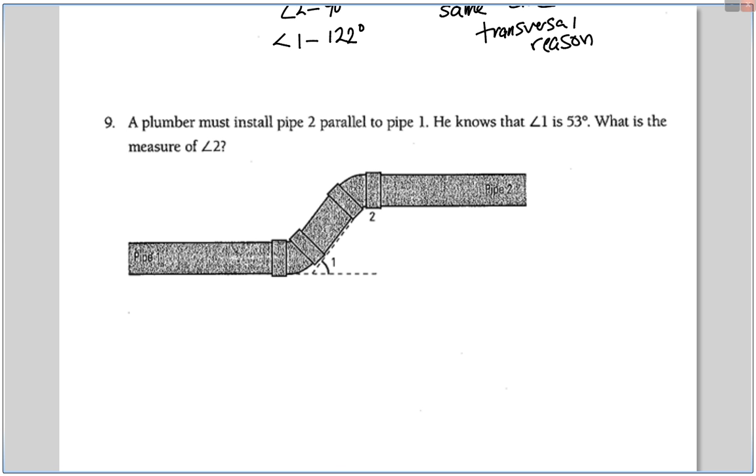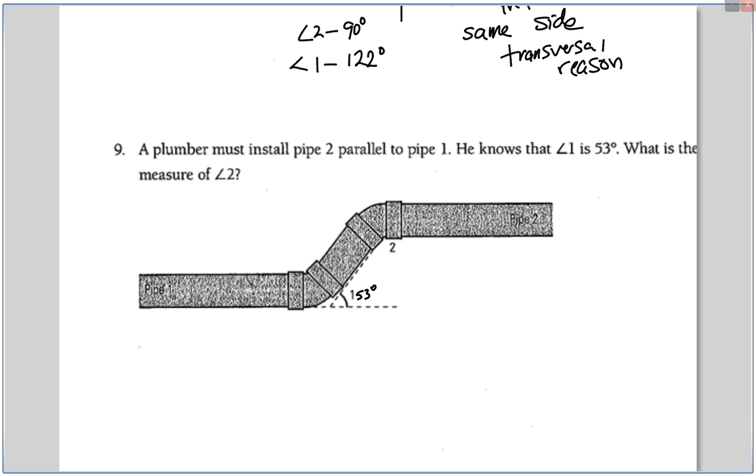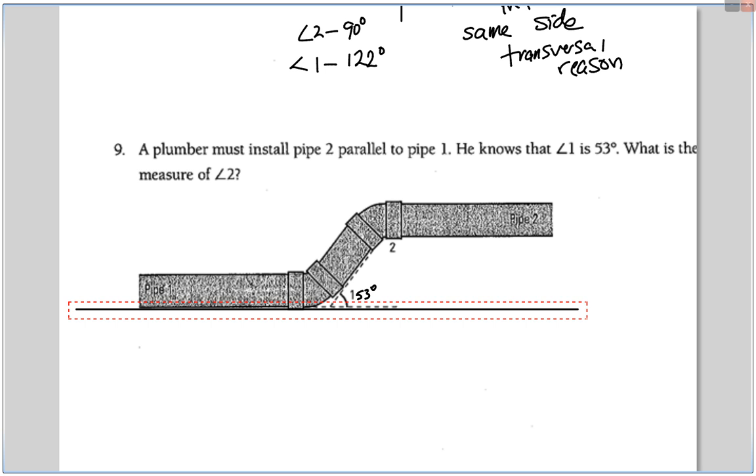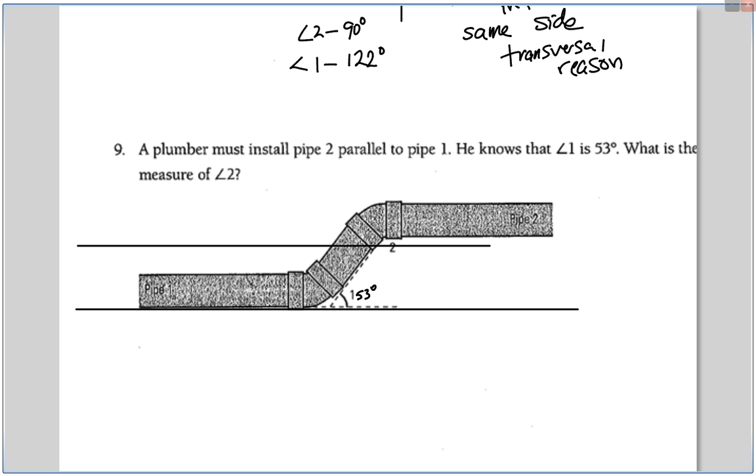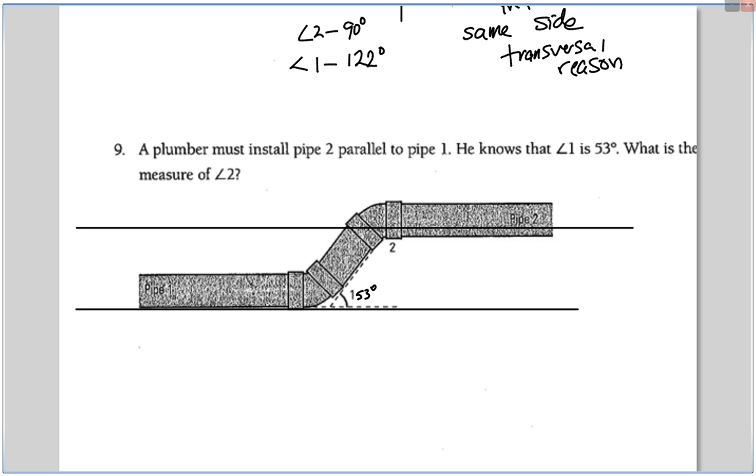Okay, last one here. A plumber must install pipe 2 parallel to pipe 1. He knows that angle 1 is 53 degrees. Let's just jot that in. What is the measure of angle 2? Now, I can't even find angle 2 there, so often you need to draw in an extra line. So there's pipe 1. There's pipe 2.